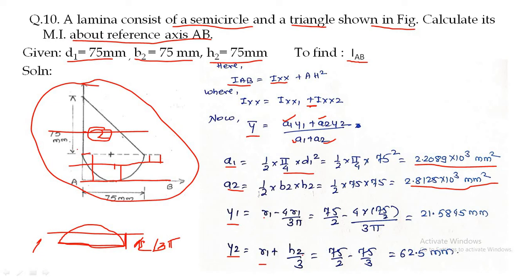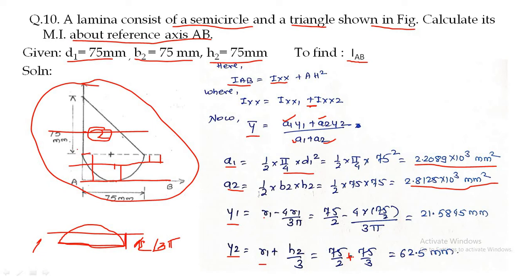So r1 plus h2 by 3 will give us the position of the horizontal central axis of the triangle from the bottommost part of the whole plane. So y2 is equal to 75 by 2 plus, sorry, by mistake I have written minus here, corrected, it is plus 75 by 2 plus 75 by 3. So that will give us 62.5 mm.